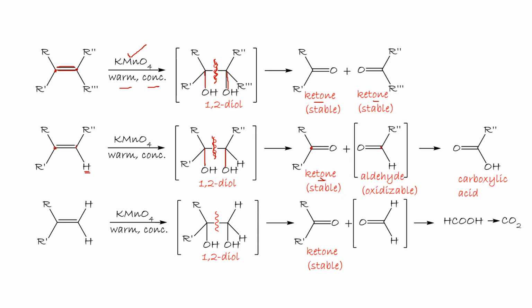When we have one hydrogen, which means we have aldehyde, it will go further to carboxylic acid. If one of them has two hydrogens, then we get ketone and formaldehyde, and the formaldehyde will further oxidize to formic acid and then further oxidize to carbon dioxide and water.